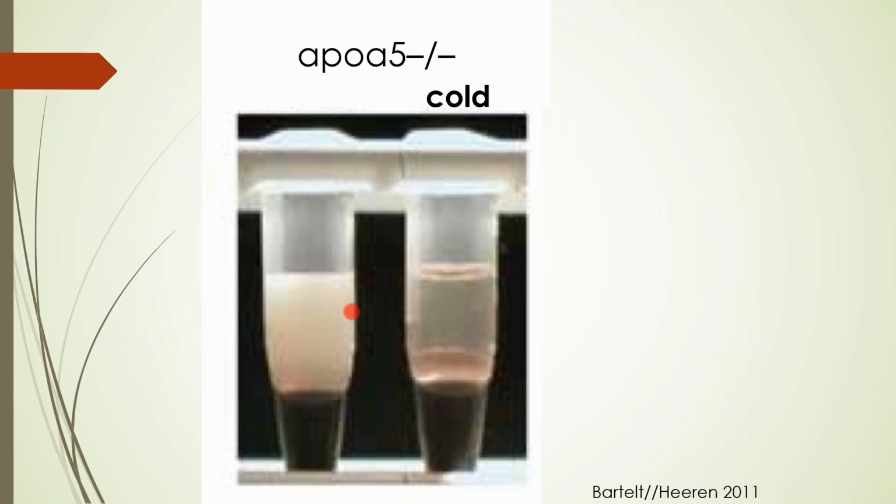But if you keep these ApoA5 knockout mice in cold, which is an inducer for brown fat activity, brown fat has actually got rid of most of the fat in your blood. It shows how powerful the activity of brown fat is to reduce your serum triglyceride levels. So it's not only body weight, but in animals even serum triglyceride levels were reduced.